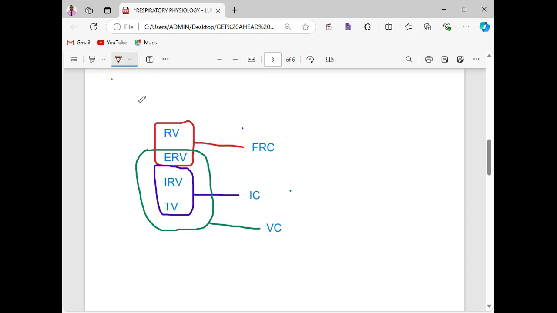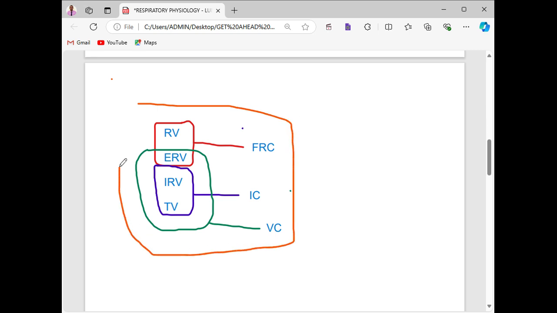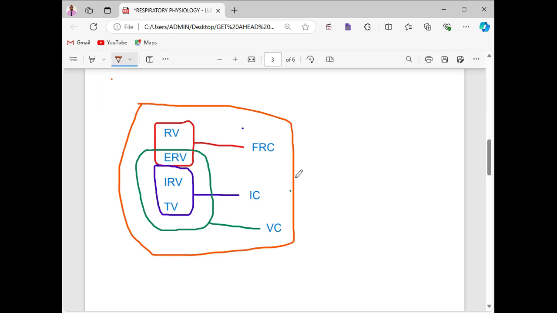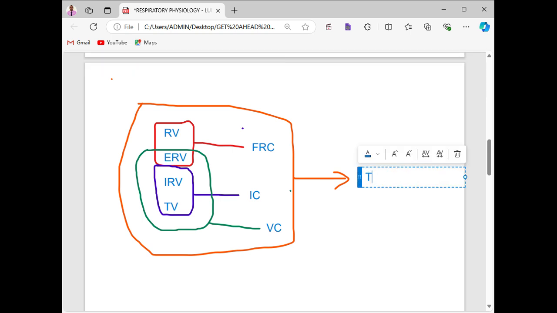And then when we combine all of these, what we get is total lung capacity. So basically this is a summary of all the lung volumes and the capacities.